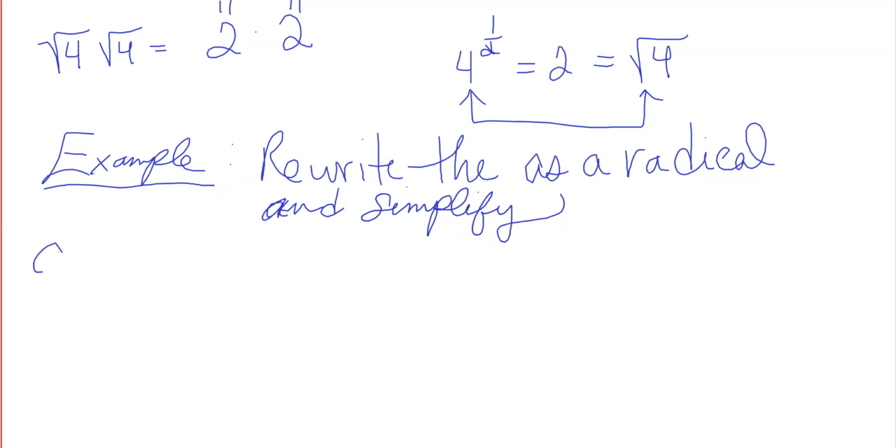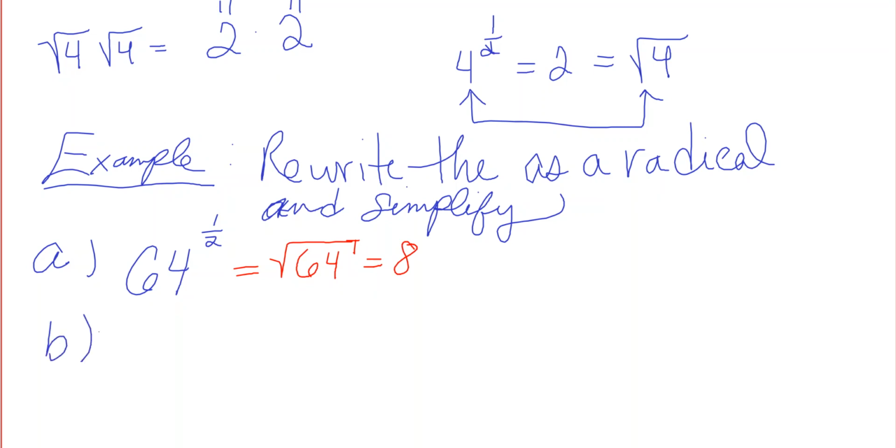Perfect. So we're going to take something that has a fractional exponent and change it into something with a radical. So hopefully you look at this and you're like, 1/2. The denominator is a 2, which means it's going to be a square root. So this is the square root of 64, which we've calculated many times before to be 8.